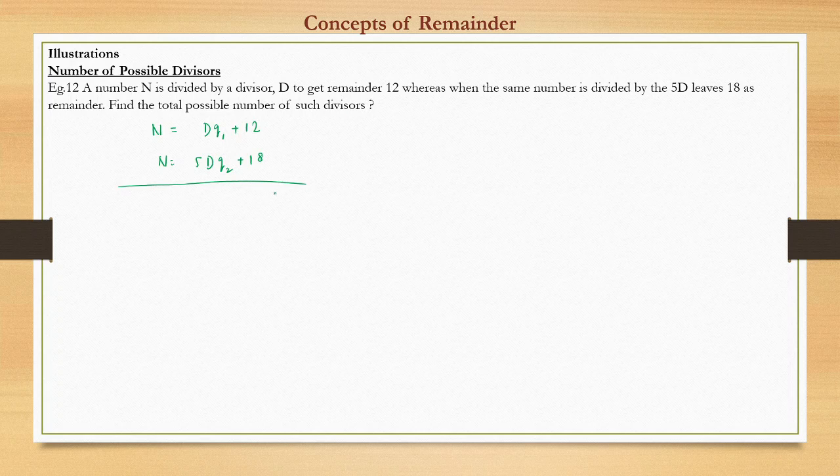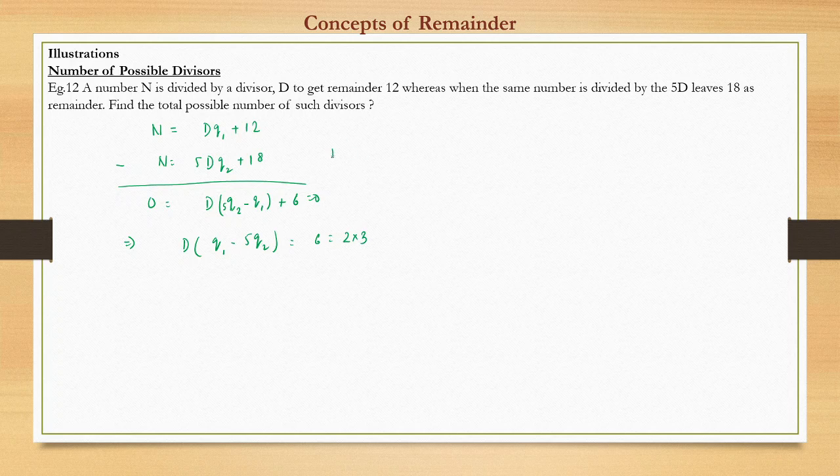So what we do, we will subtract here, so d will be common. 5q2 minus q1 plus 6 is equal to 0. So here it becomes d times q1 minus 5q2 is nothing but 6, which is 2 into 3.